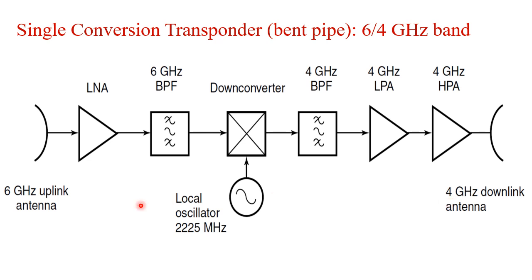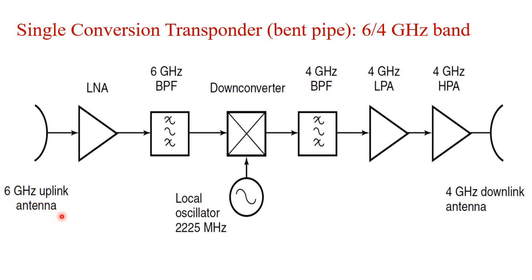First of all, it is easier to generate a higher range of frequencies at the ground station because the ground station is composed of a huge amount of resources, right? And the satellite has limited resources. So it is easier to generate the 6 gigahertz signal at the ground station.